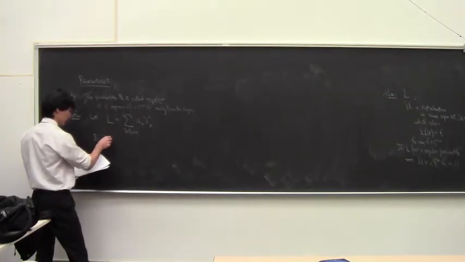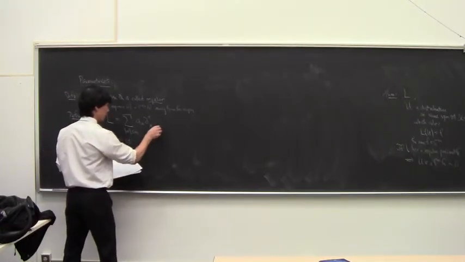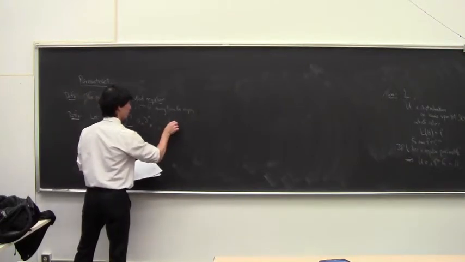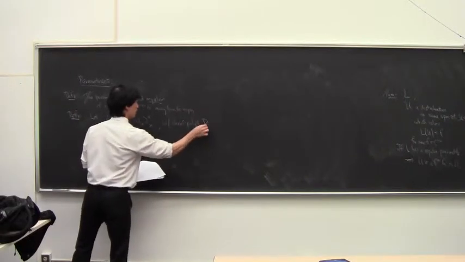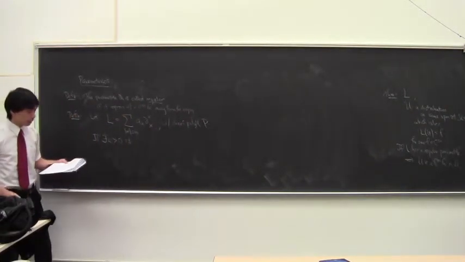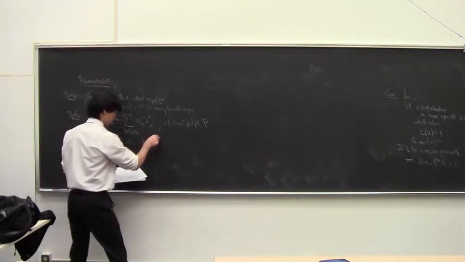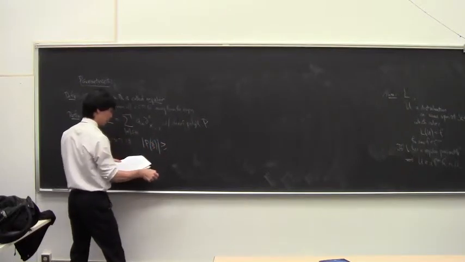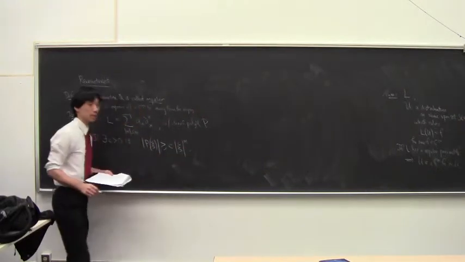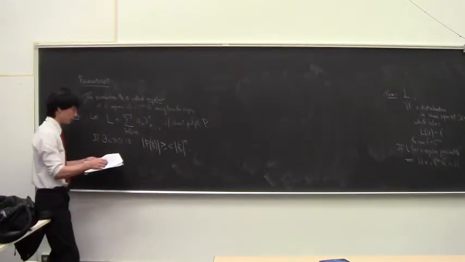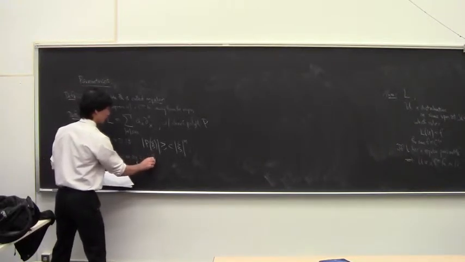If there exists a C bigger than 0 such that the characteristic polynomial P is bounded from below by some constant times the size of xi to the m, then we call L elliptic.